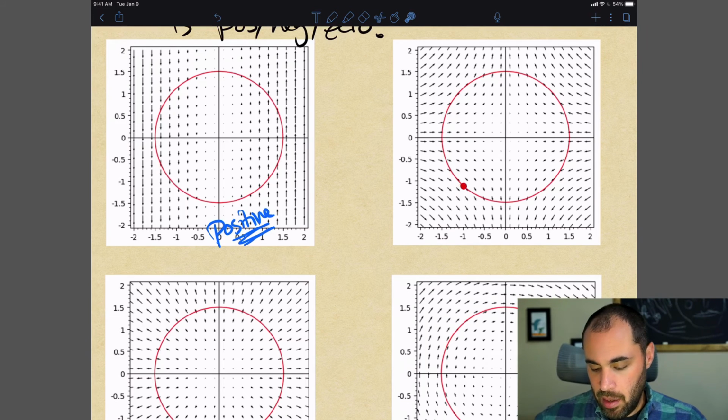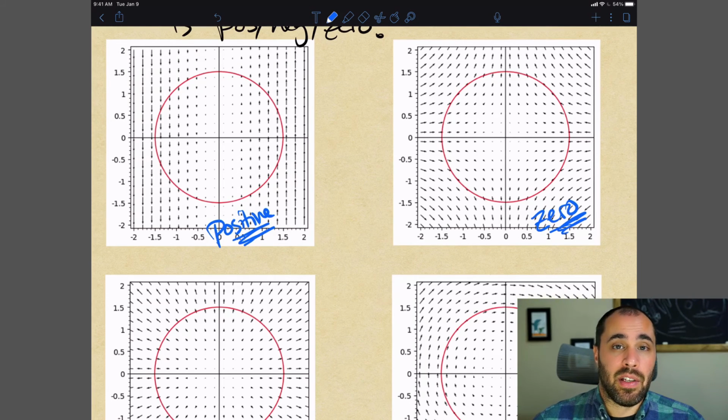It helps a bit, but then sort of opposes us as we come back around to the start. So since these cancel out, this is a circulation integral of 0. Or put another way, if this was a force field pushing a mass around this circle, the amount of work the force field does is 0 at the end of the day.